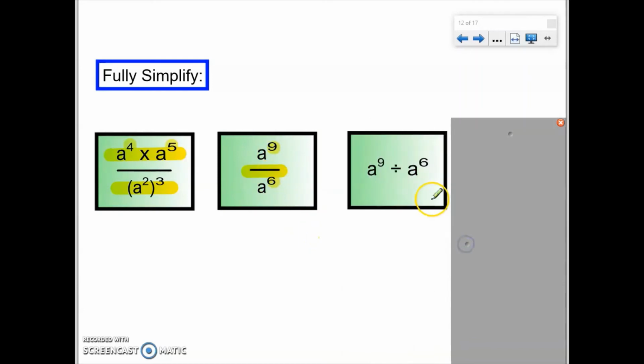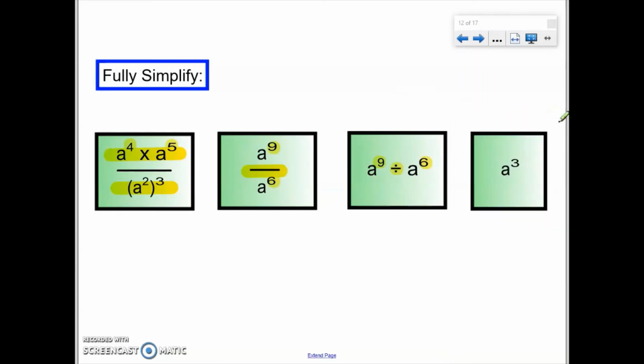So you can see here, I've just rewritten it as a division. So this and this are equivalent. I've just written it with a division sign, reminding myself that 9 subtract 6, due to the law of indices, would tell me that the fully simplified version of this would be a to the power of 3, and this would be my final answer.